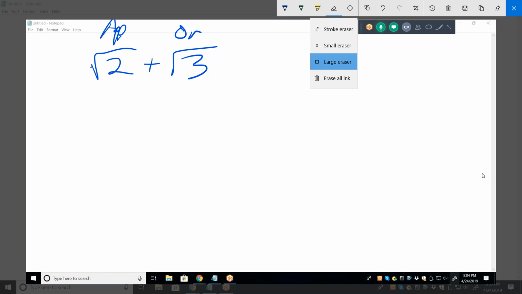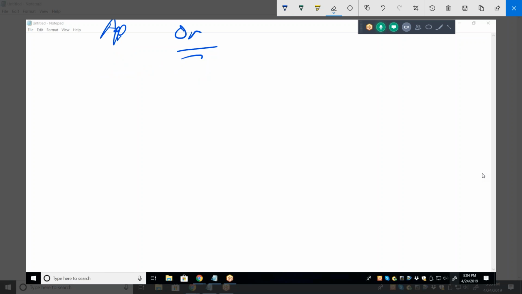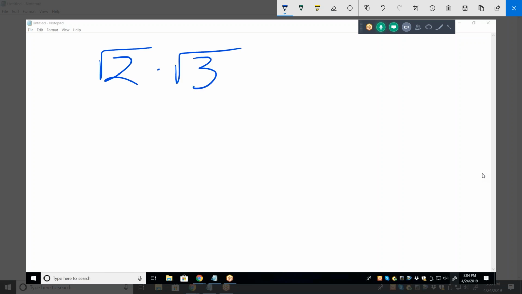The only times you can add those radicals is if they are the same. You can multiply apples and oranges. Still an apple, that's an orange, but I can multiply. When I multiply, what do I get? Radical 6. Yep.